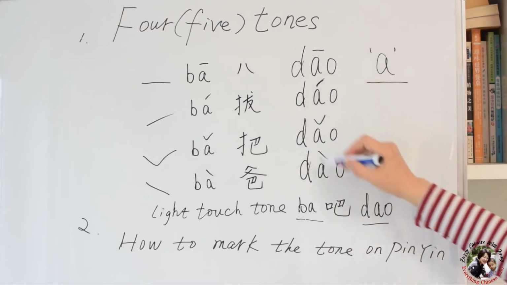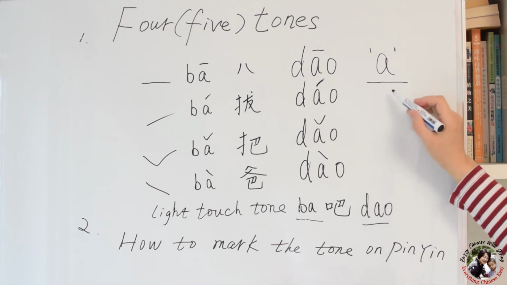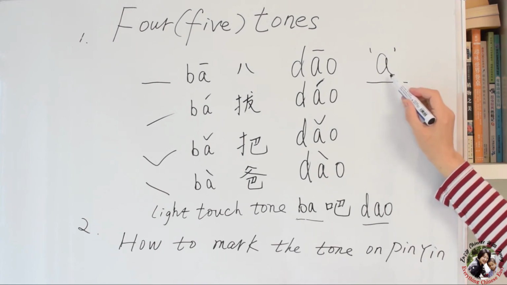When there is a single vowel, of course, you put the tone on top of the single vowel. When there is a double vowel or triple vowels, you always find the A first.